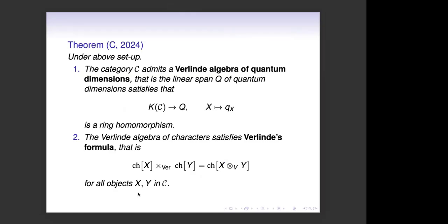Good, my theorem is that under the setup, where of course I haven't been totally clear about the assumptions, this so defined product on the space of characters respects the tensor product of the modules of the vertex algebra. In other words, Verlinde's formula is true.